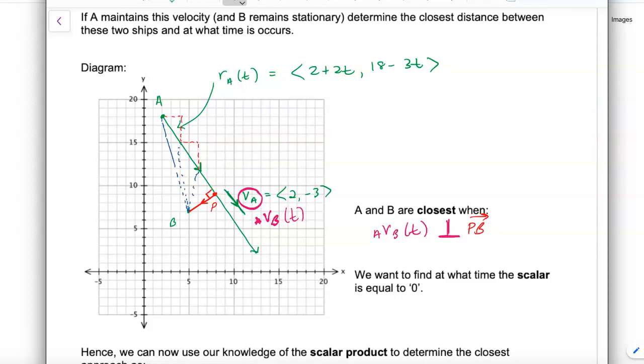Now, if we think about how we define PB, well, this distance, PB, is just looking at the change in A's displacement relative to B.